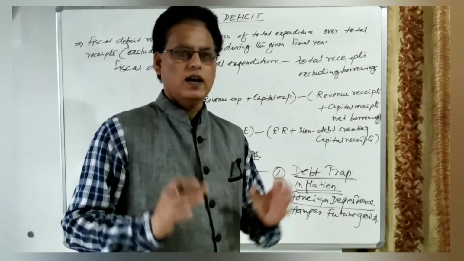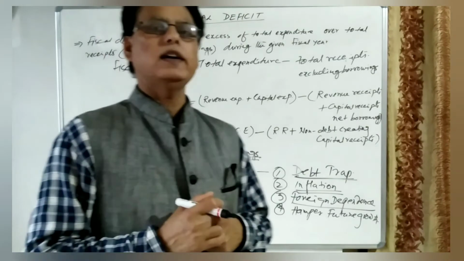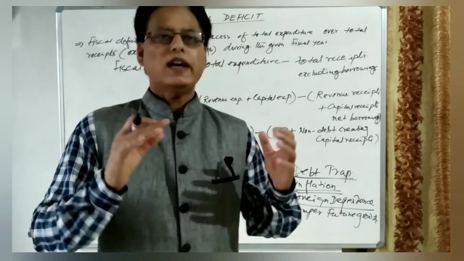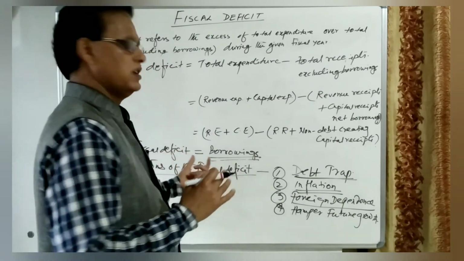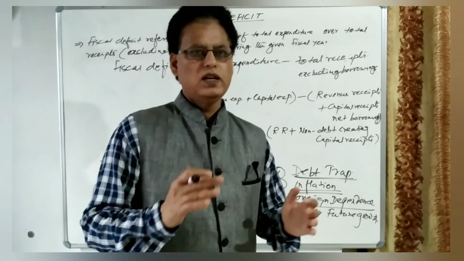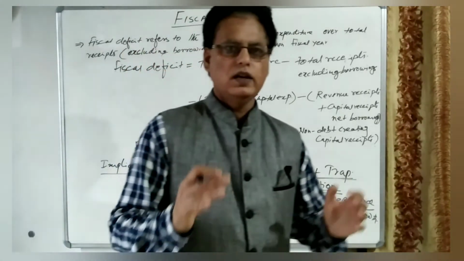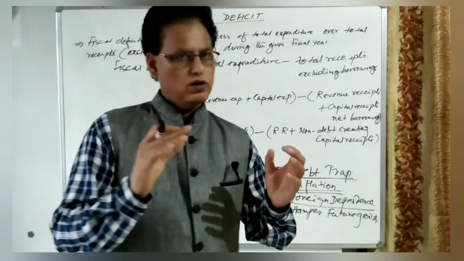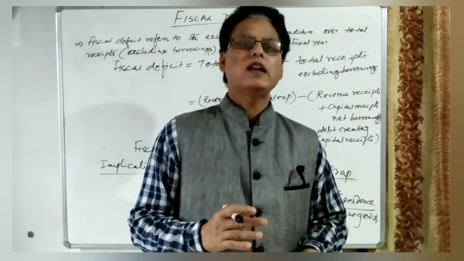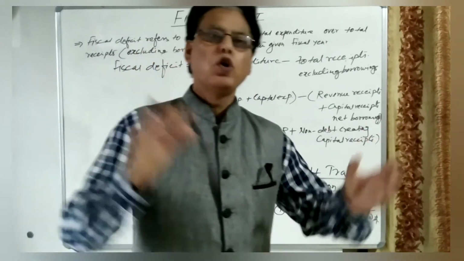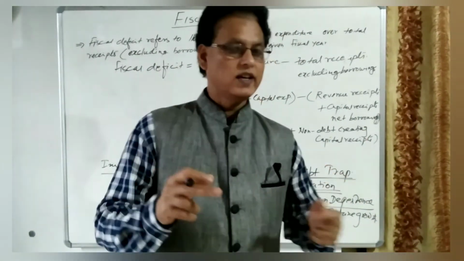the fiscal deficit increases beyond a certain limit, and that is why it is very necessary that the government should limit the fiscal deficit. The fiscal deficit should be less than or about 3%. If it is more than 3%, then the burden of the borrowings on the government will increase.